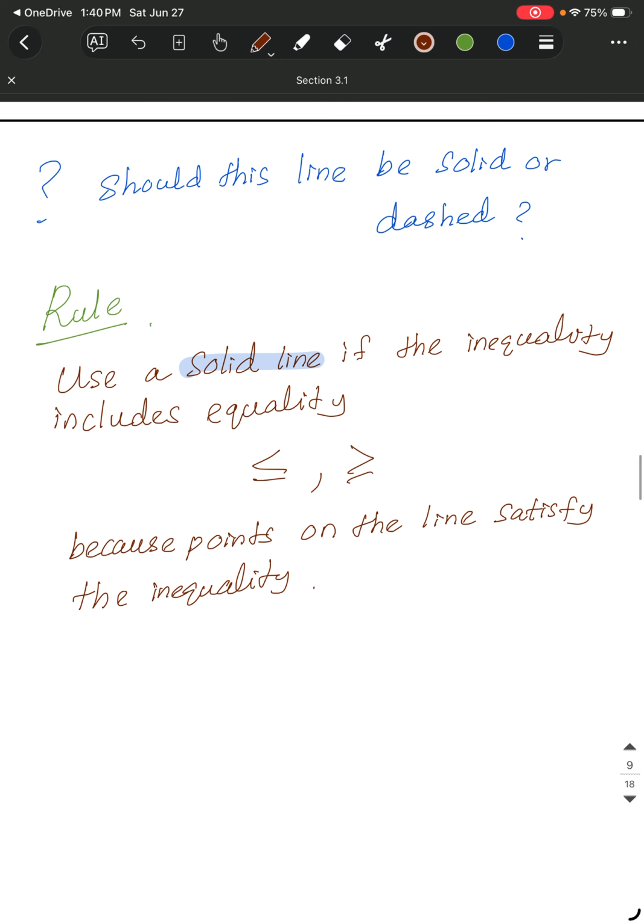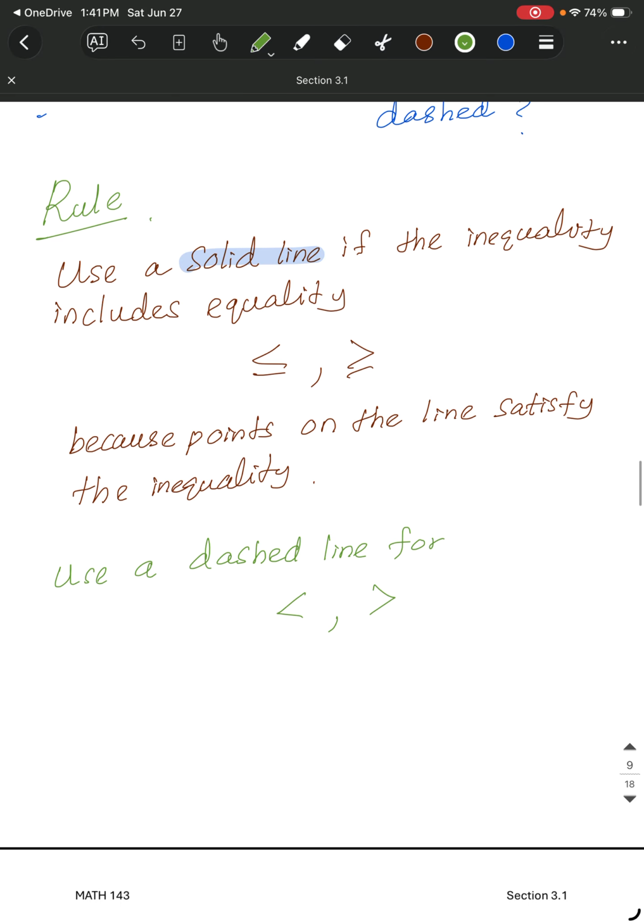Then use a dashed line for less than or greater than signs, because points on the line are not included.